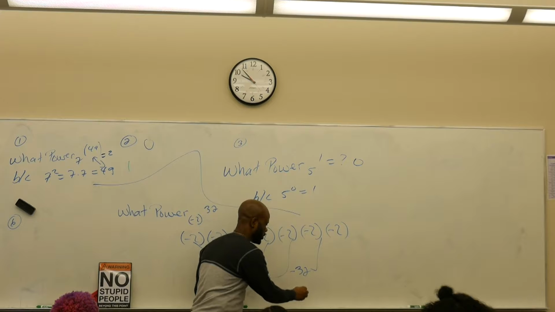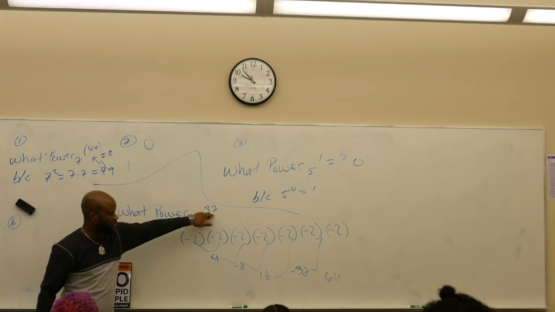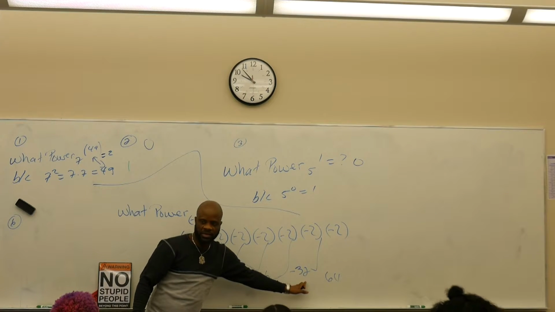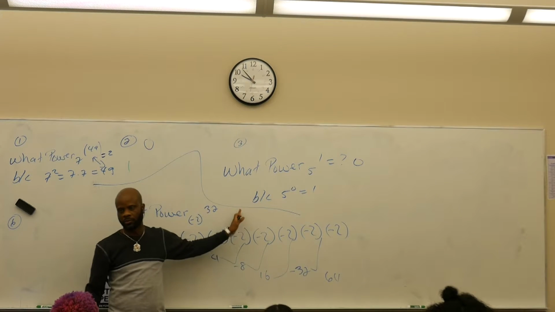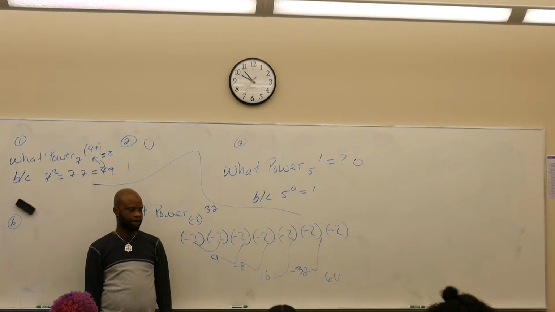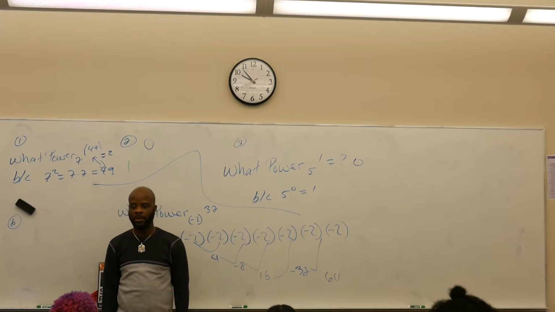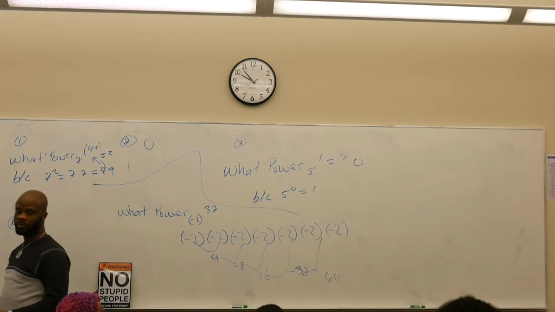And if I do another one, I get +64. So the only thing that resembles this is that, but it's negative. So it's not possible. Good? Yeah, not possible. There is no number.